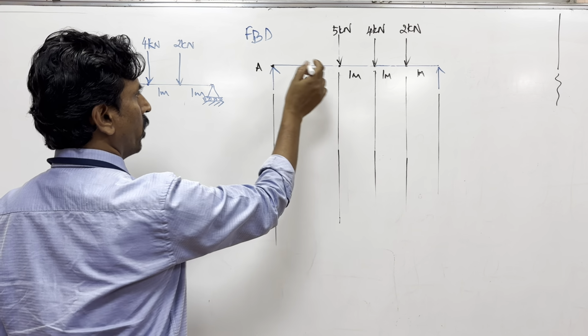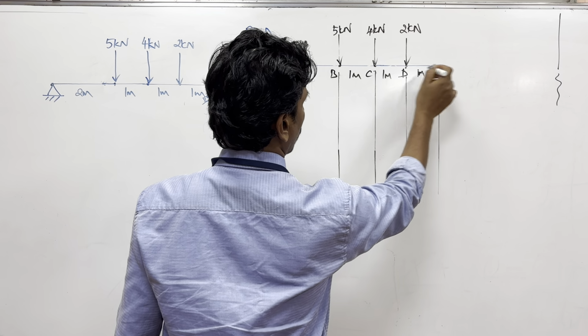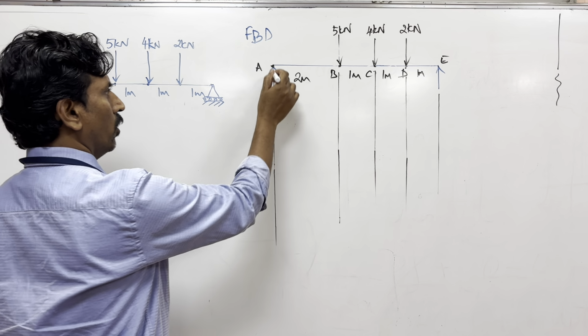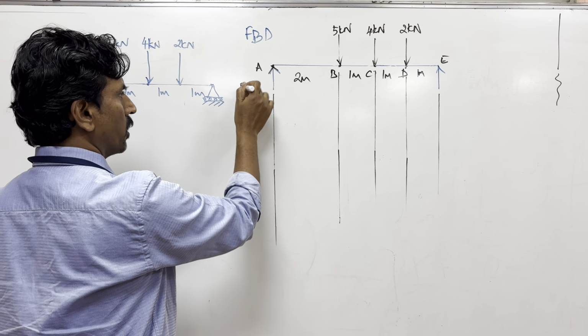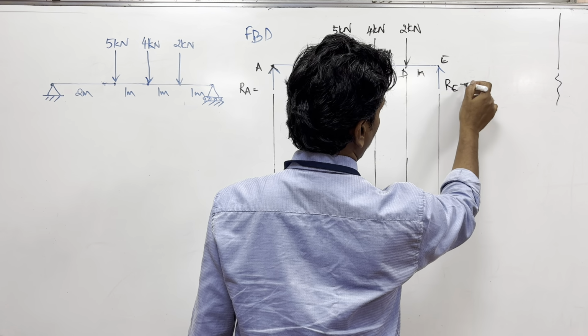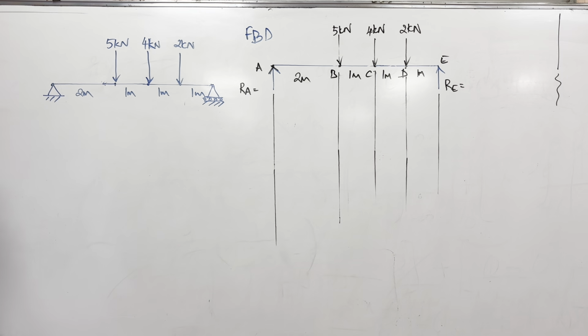So let us name these points as A, B, C, D and E. So we'll call this load taken by the left side support as RA, which is not known to me. Load that is taken by the right side support as RE. So we need to find this too.